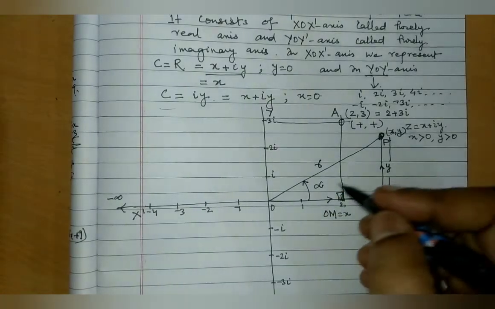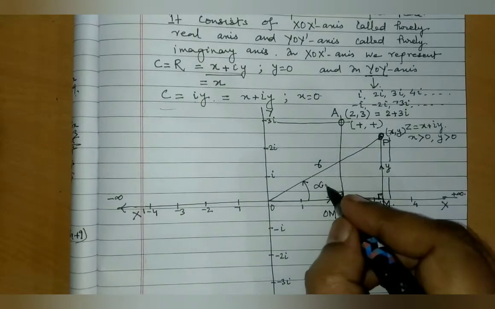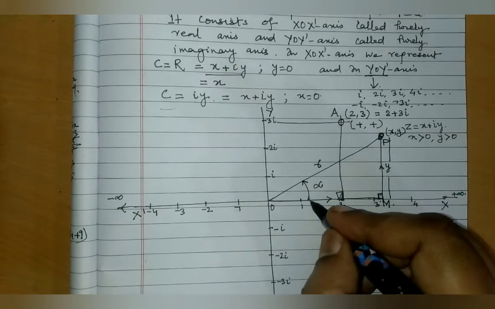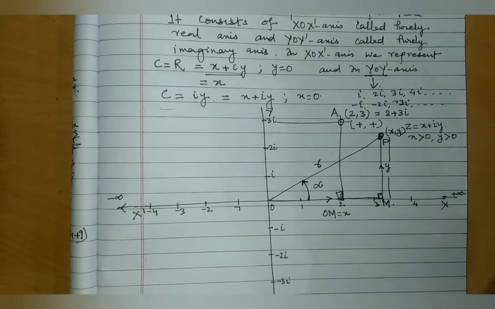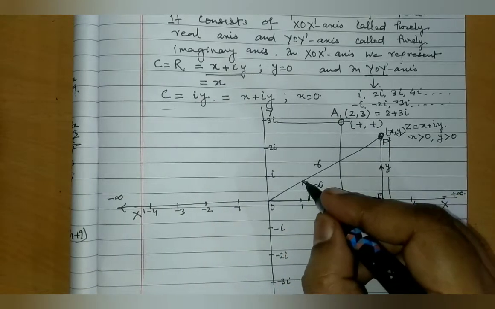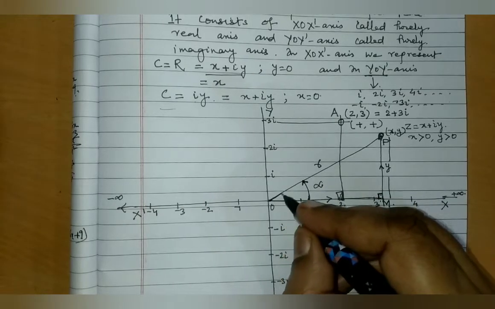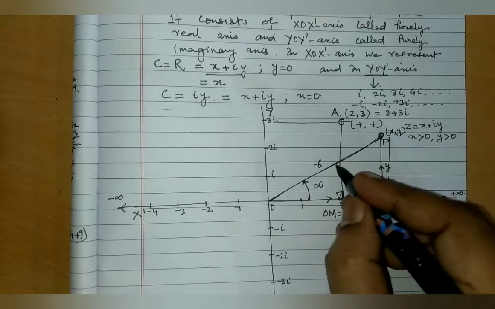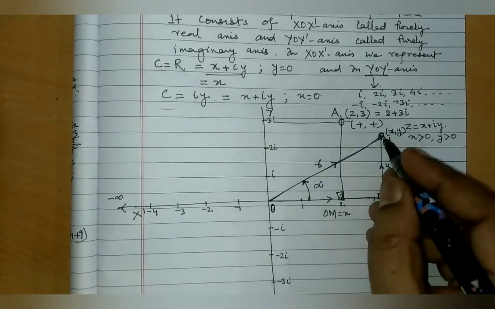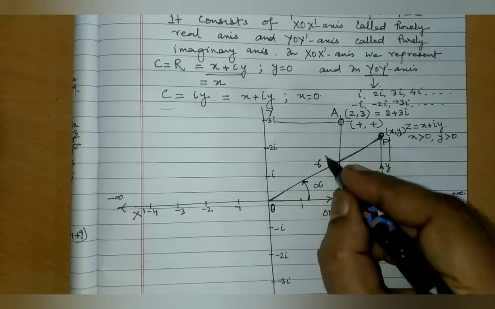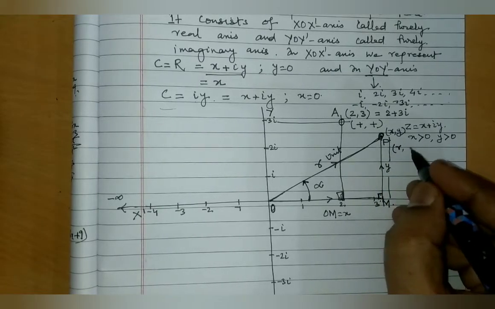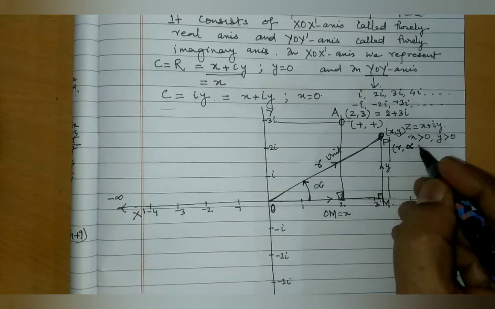Alpha is the positive angle because it is formed in anti-clockwise direction, and if we know the alpha positive angle and r unit distance, then making an angle alpha, if we travel in this direction from origin to the point P, r units, we get the point P. So it is r comma alpha.